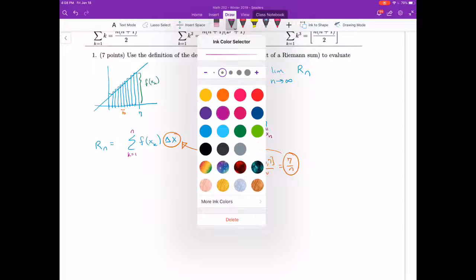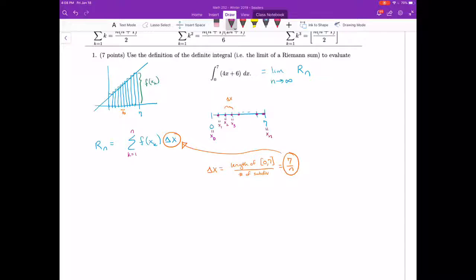The next thing I want to make sure I know is what x sub k is. And k is what's incrementing from 1 to n. So again, I know that x sub 0 is my initial input, which is 0. And then x sub 1 is 7 over n to the right of 0.